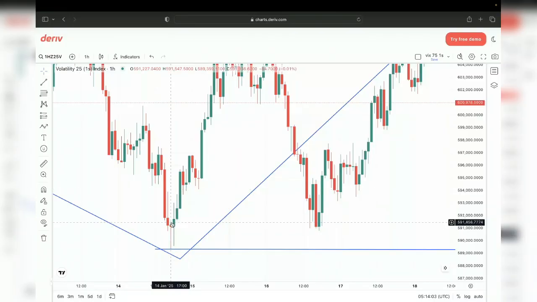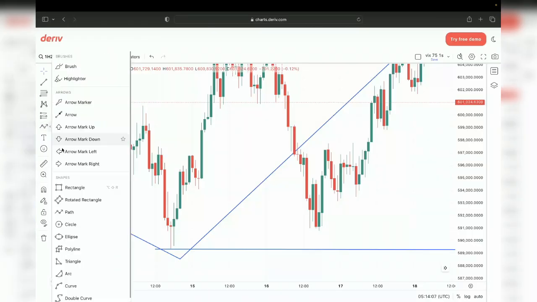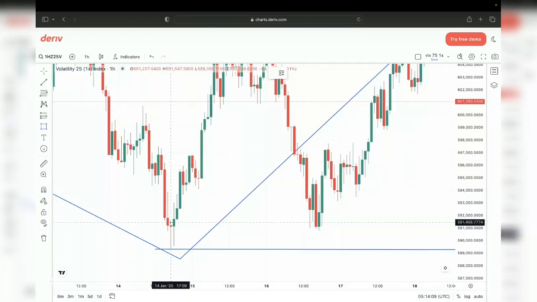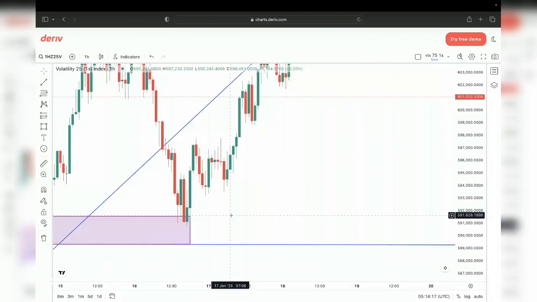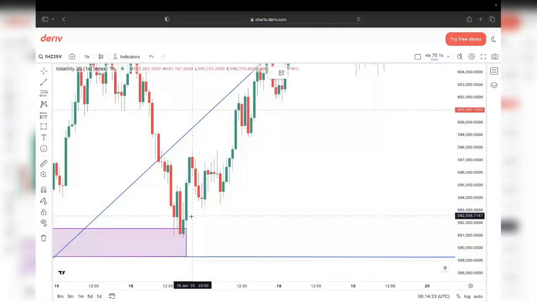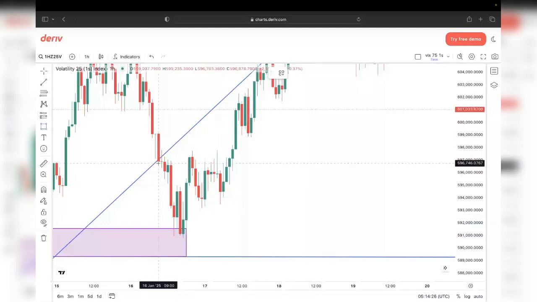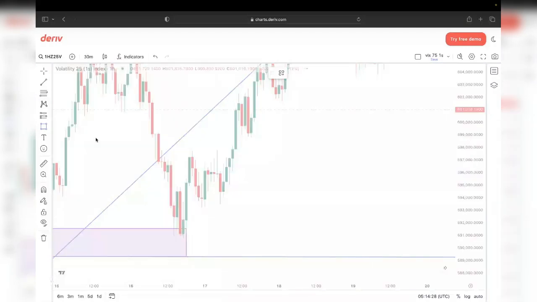So we will track it down to get something unmitigated. This one has been mitigated, which means that the power has been transferred from this one to this one here. Let's go to 30 minutes to check if we have something better. But it doesn't invalidate this entry.